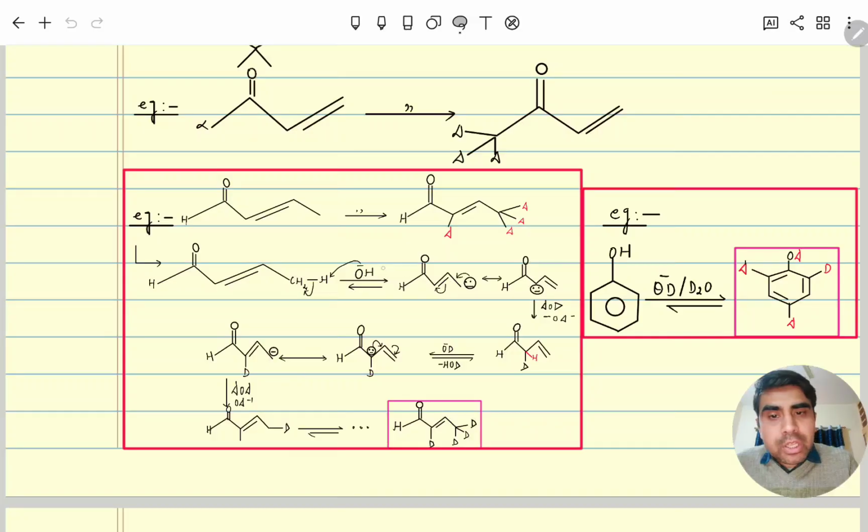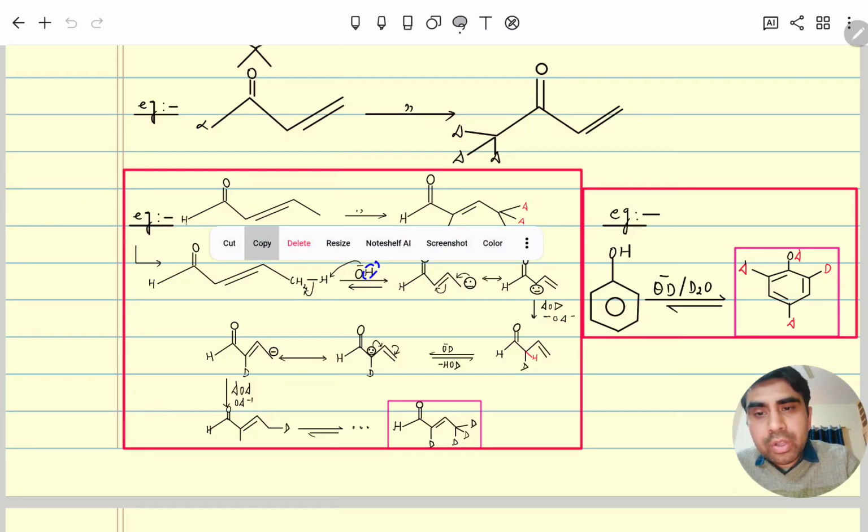The DOD which we took, because it is present here, it is also not OH minus, it is OD minus in presence of DOD, which means the solvent is DOD, so here it is OD minus.